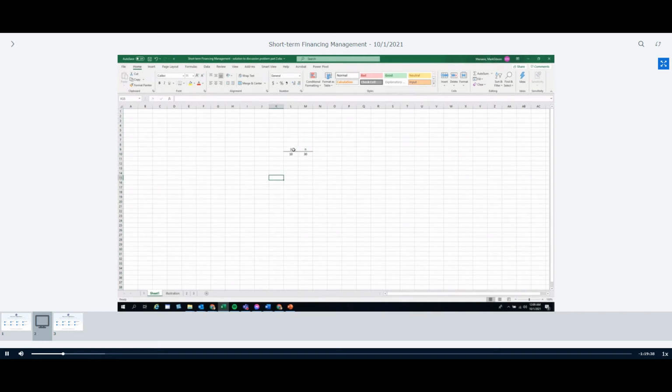For example, if the date today is September 30, and you pay from September 30 to October 9, so if you pay within this period, you get to have the 2% discount.